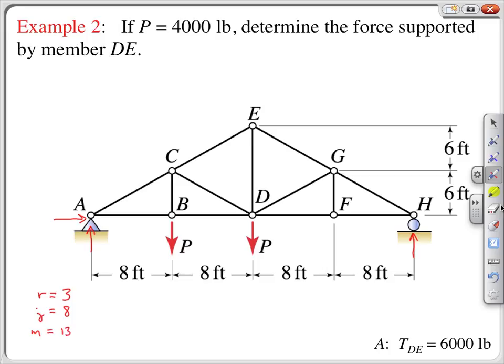For this truss, we ask, what is the relationship between M plus R and 2J? Since 13 plus 3 is equal to 2 times 8, we match the conditions for static determinacy, and we can have confidence before we start that we should be able to solve for the axial load in any member.